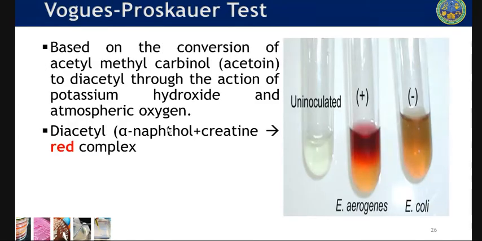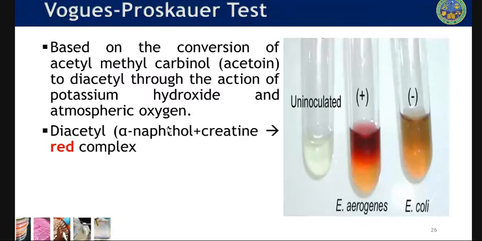Then another IMViC reaction is your Voges-Proskauer. You have a test system making use of what we call methyl red Voges-Proskauer medium, or MRVP medium.